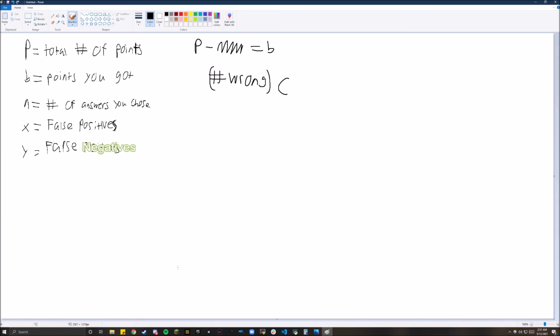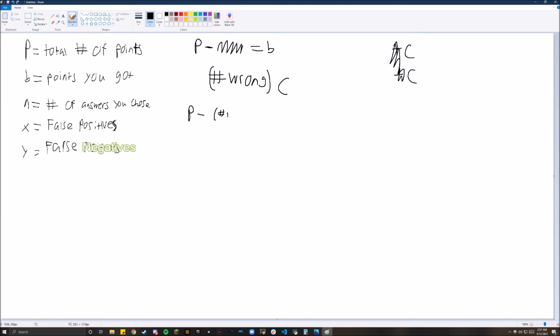And so as you remember from my previous example, Canvas grades it so that if you get a correct answer, it's plus C. If you get a wrong answer, it's minus C. But we're not curious about the sign of C, we're just curious about C itself, because we're subtracting the total number of points that we lost, just by multiplying the number that we got wrong times C. And so then let's rewrite the equation.